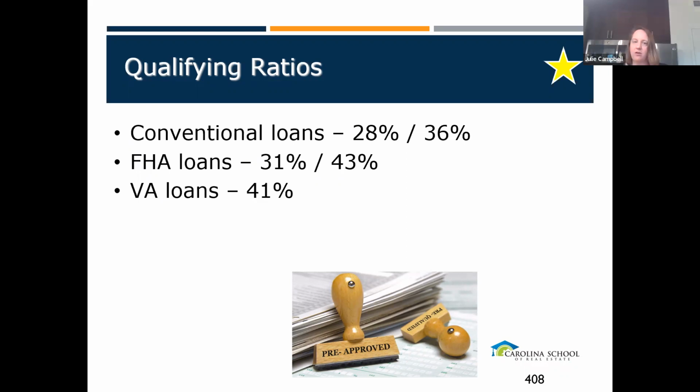Your FHA ratios are typically 31-43, and then VA only has one because they use a different type of qualification. So they don't look at both ratios as conventional and FHA do. This is the math that we're getting ready to do or introduce you guys to in just a minute. So we'll see these and talk more about what these numbers mean.